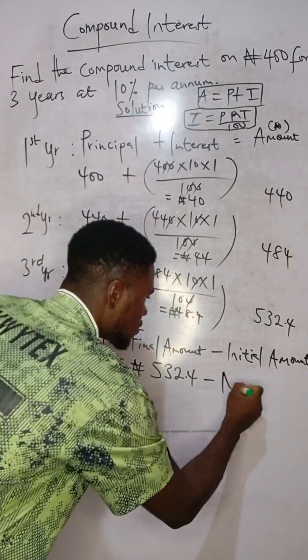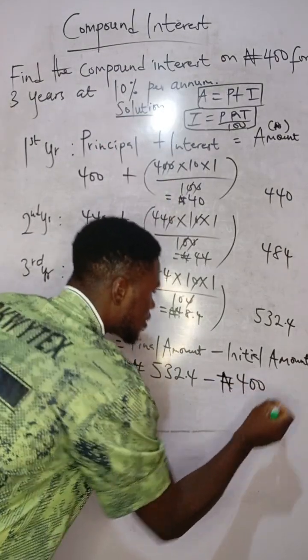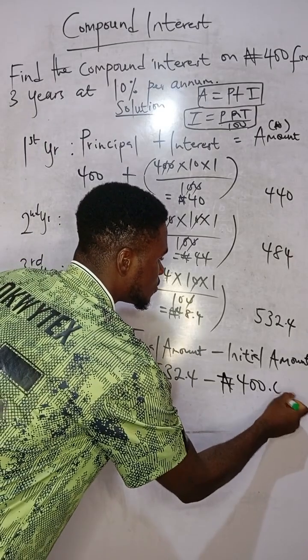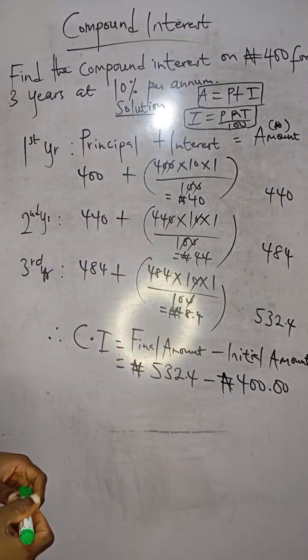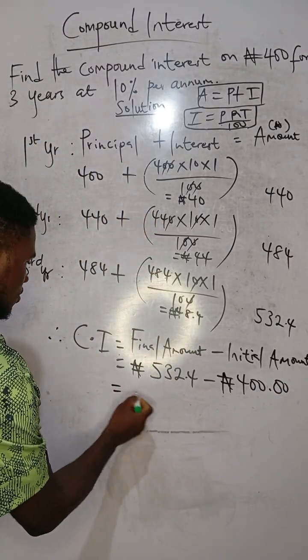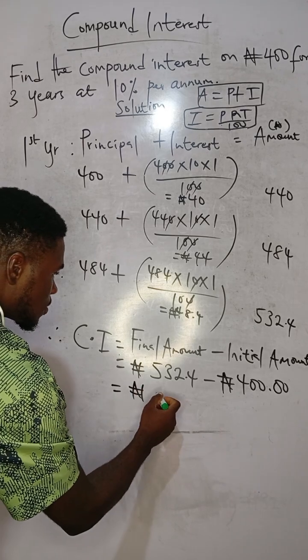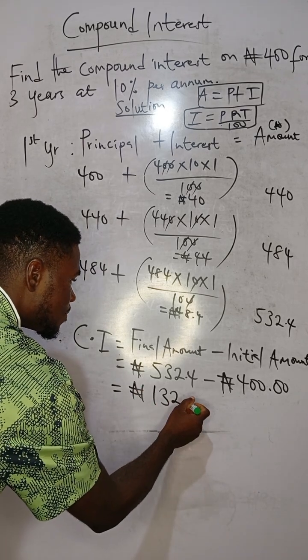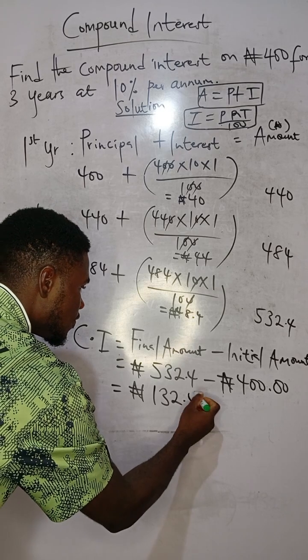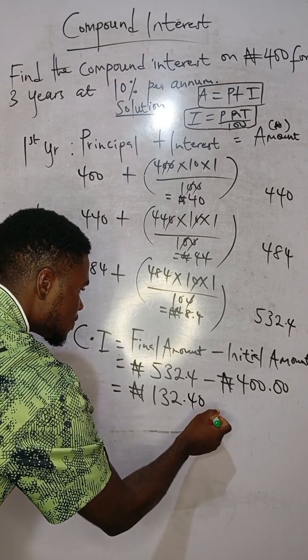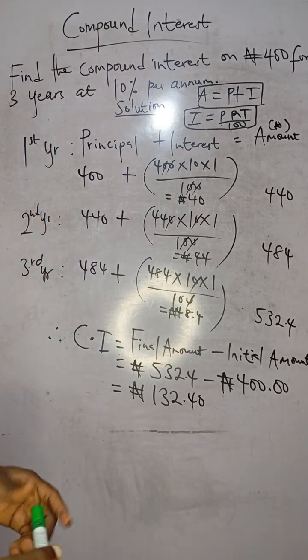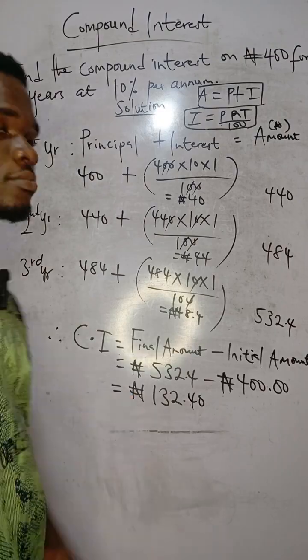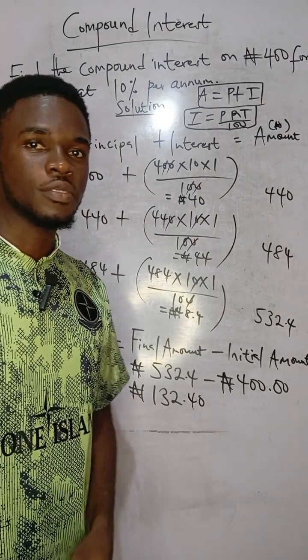So minus 400 naira, you can say 400.00. Now when you do this subtraction, you're going to get 132.40. That is in two decimal places. Okay, and that is how you solve compound interest.